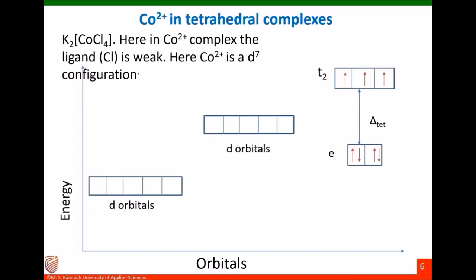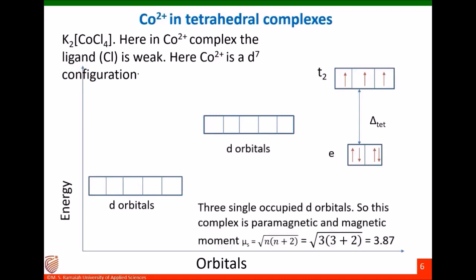Now it is a d7 configuration, so 7 electrons should be filled. First one electron each should go to the e orbitals, then t2 will be filled one each, then again e will be filled. So here there is no internal pairing. Now you can see here 3 singly occupied d orbitals are there, so the complex is paramagnetic, and the magnetic moment we can calculate as root of n into n plus 2, equal to root of 3 into 3 plus 2, equal to 3.87.